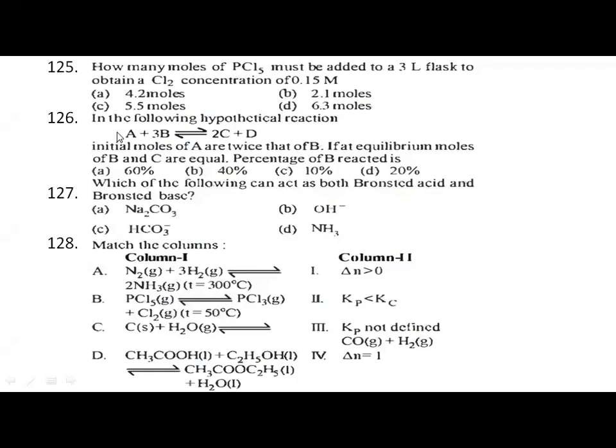Next question. In the following hypothetical reaction, A plus 3B gives 2C plus D, initial moles of A are twice that of B. If at equilibrium moles of B and C are equal, the percentage of B reacted is? Good question. So how do we understand it?